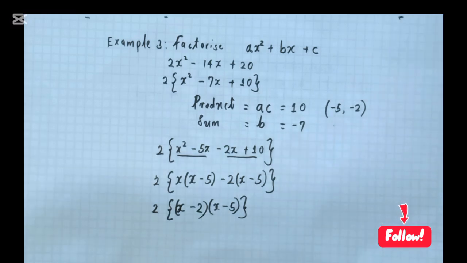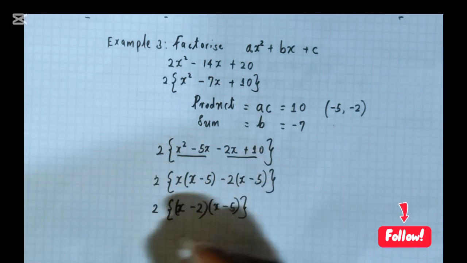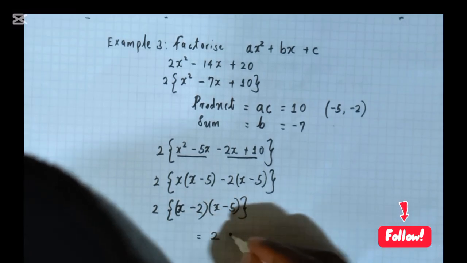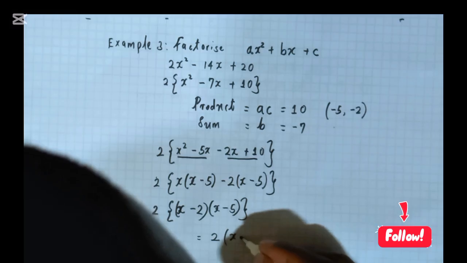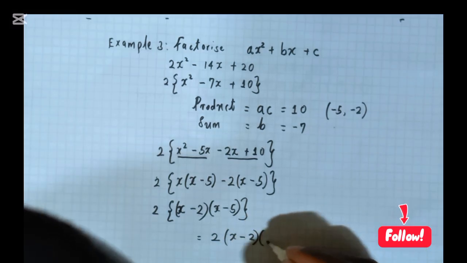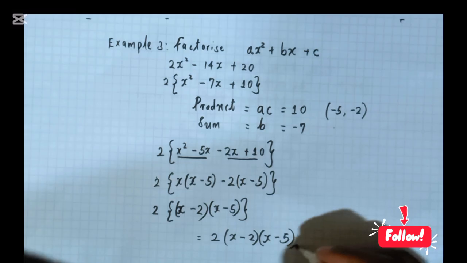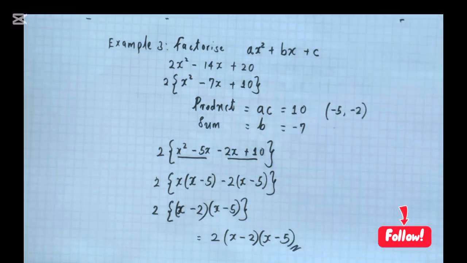And so the simplest version of this factorized expression is 2 into x minus 2 into x minus 5. And that will be it for this particular problem.